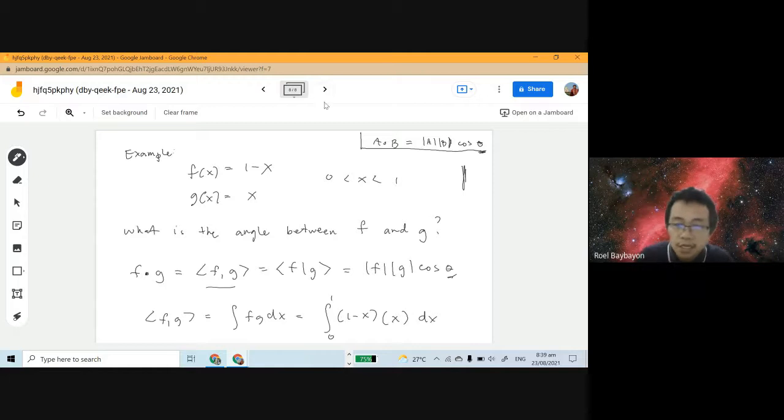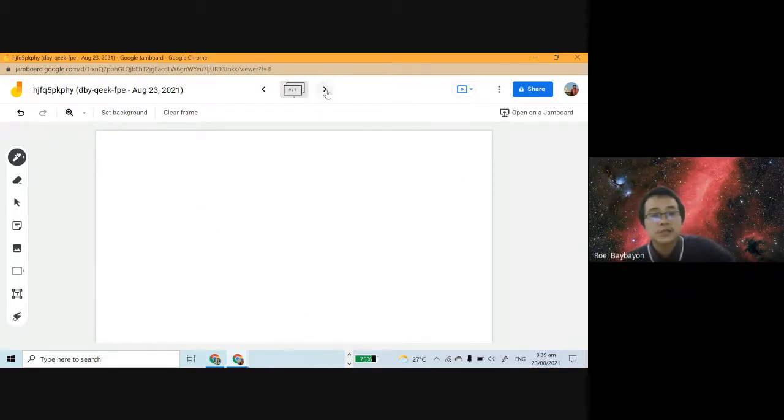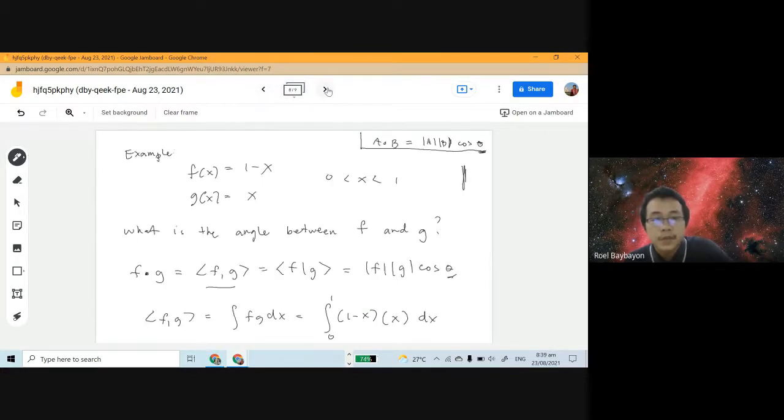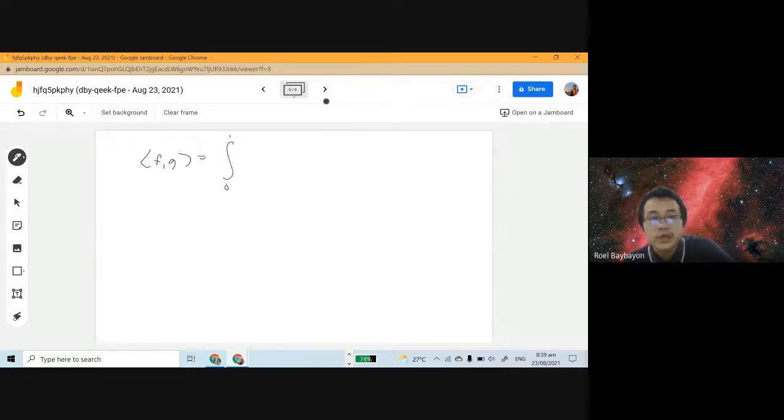What is the integral of this? Let's solve. This is the integral from 0 to 1 of x minus x square, so x minus x square dx.